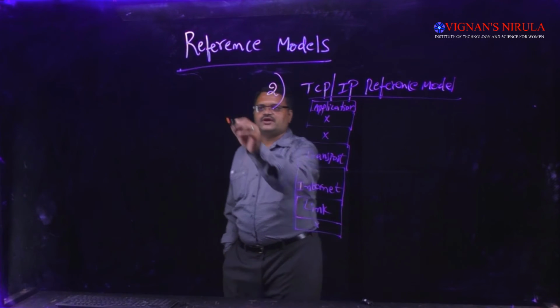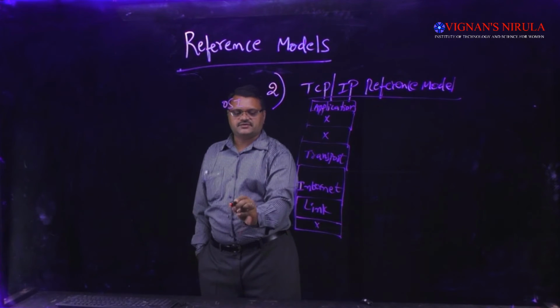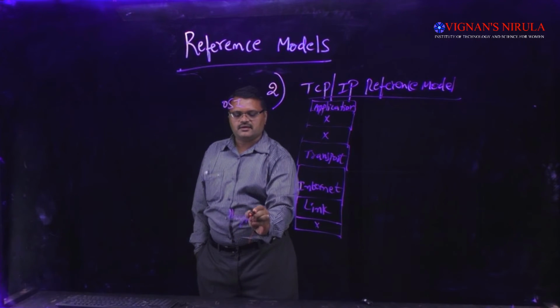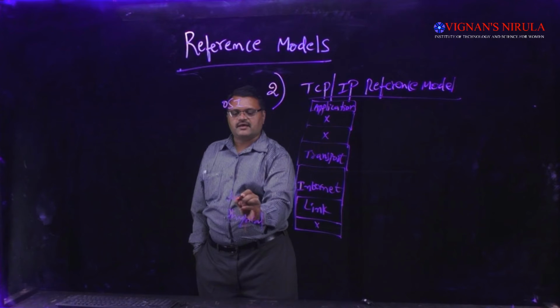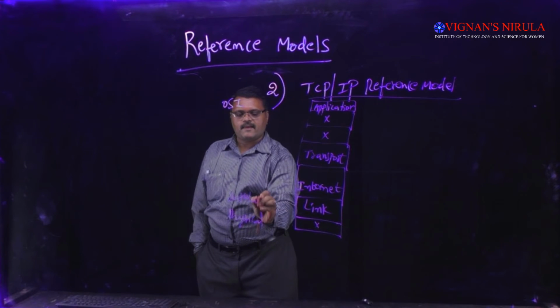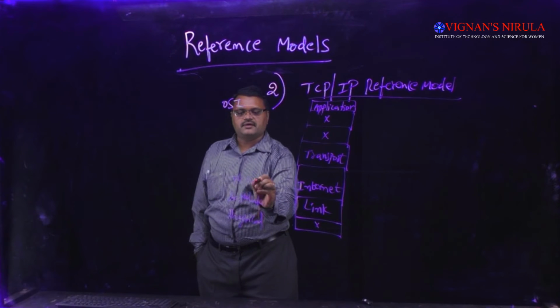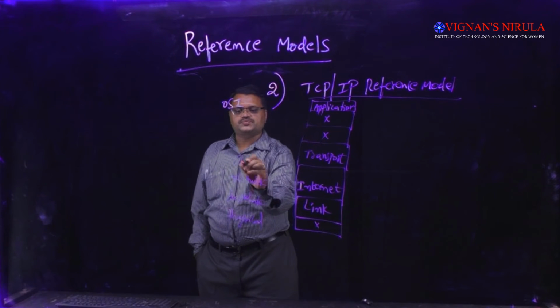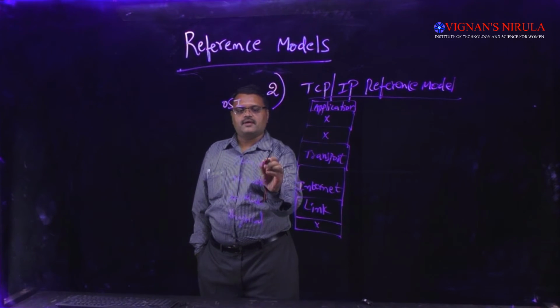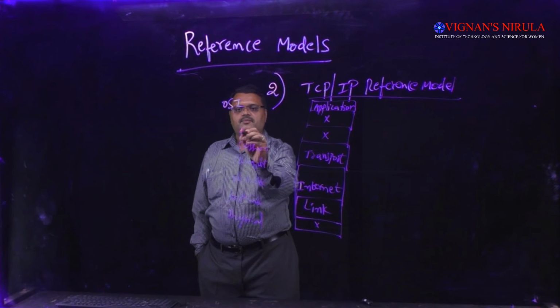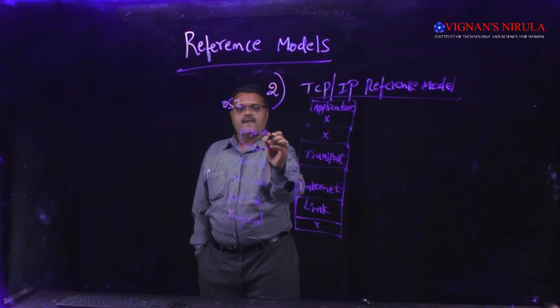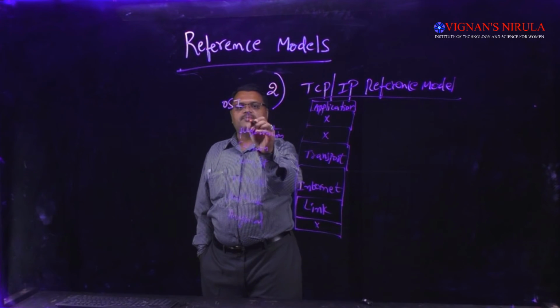Whereas in case of OSI we have 7 layers: physical, data link, network, transport, session, presentation, and application.